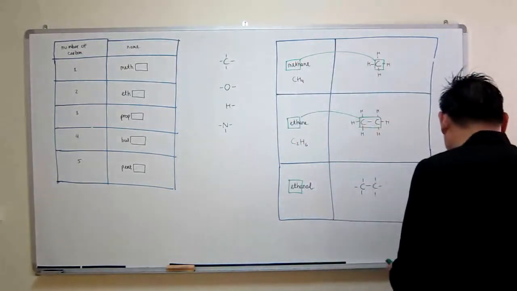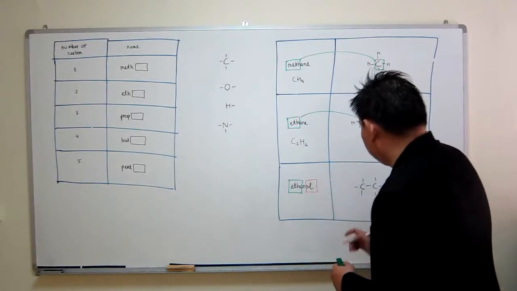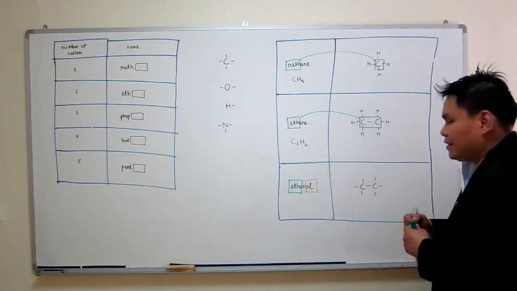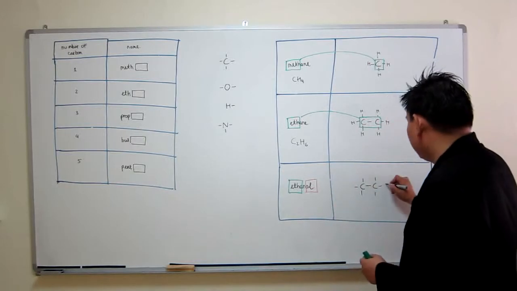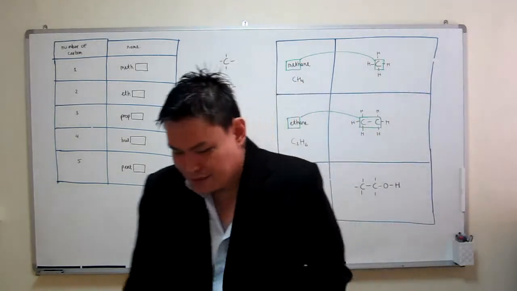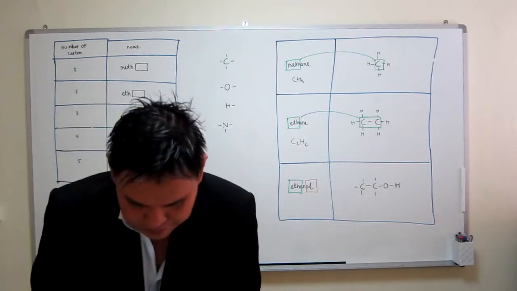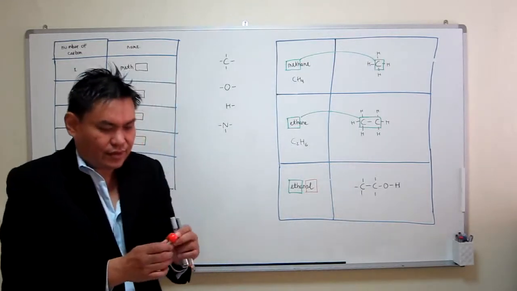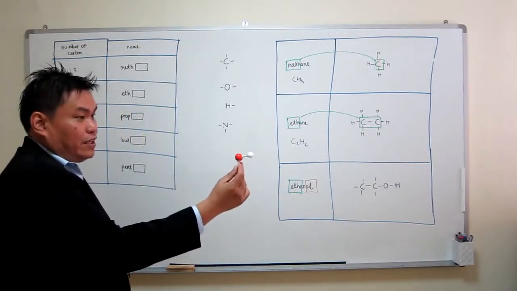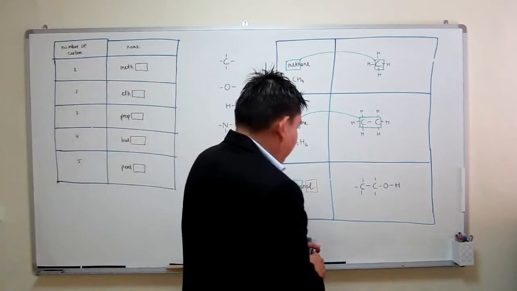The name contains the suffix ol. It simply means the organic compound contains OH. So O then H. It contains this structure, O then H, which will be connected to the carbon. You have only one OH.